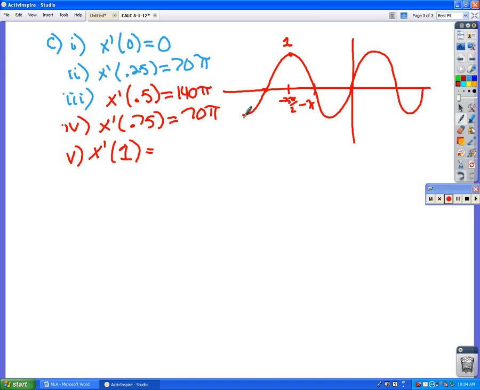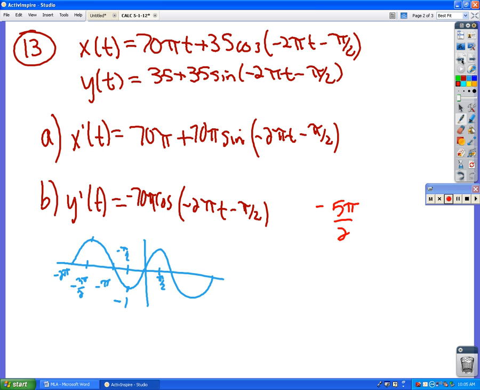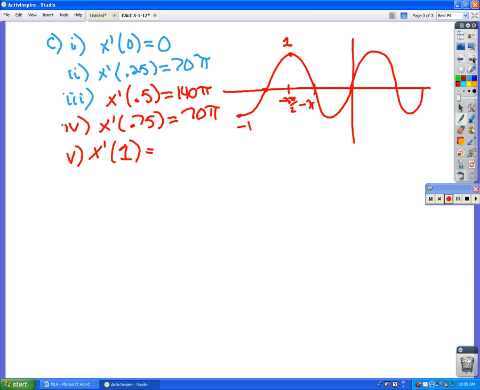So that's going to be this right here, which is negative 1, right? Okay. So negative 1 times 70 pi is negative 70 pi plus 70 pi is 0. So that works out.